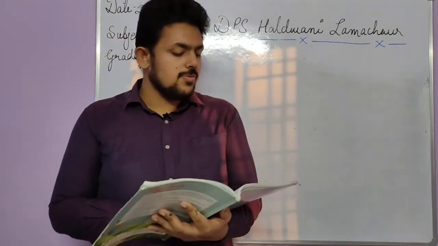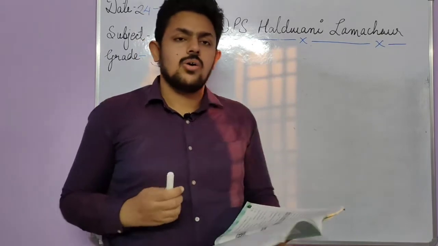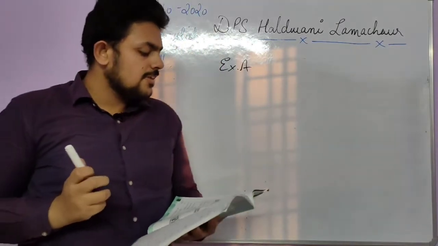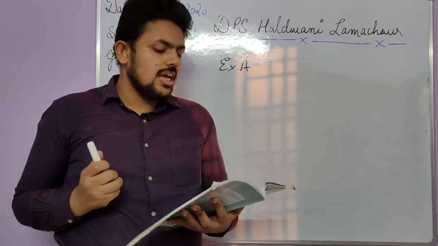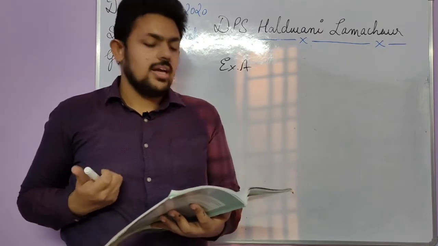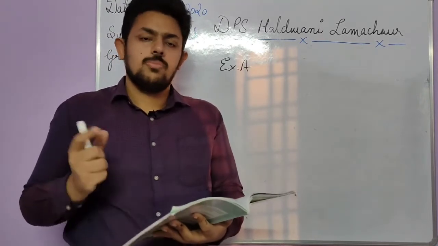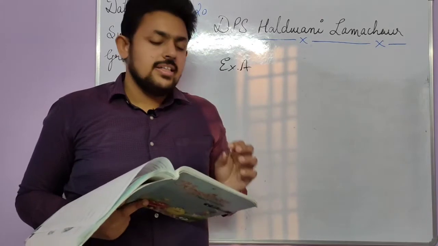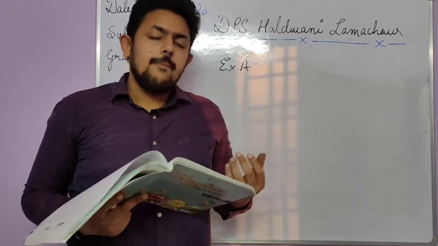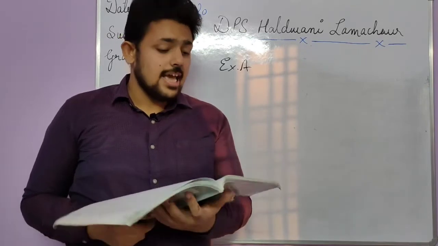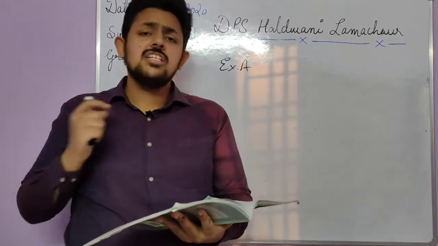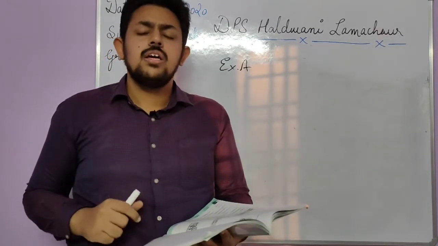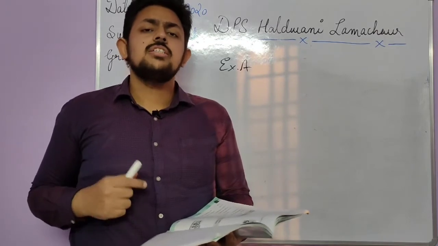So exercise A, first of all, find the adjective here and we have to make an adverb out of it. The child is happy. Full stop. He plays dash with his toys. So before the full stop the sentence is over. The child is happy. So what will be the adjective there? The child is happy.